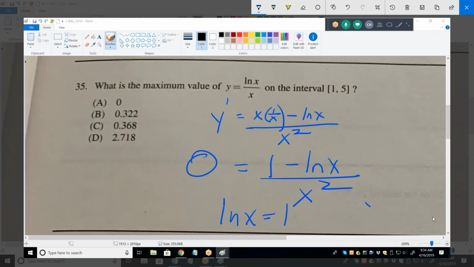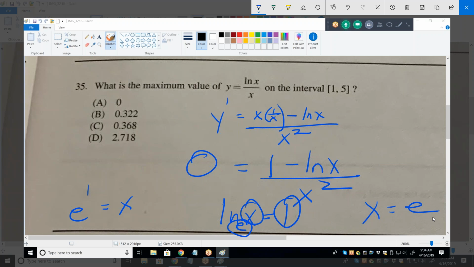Okay, so what's x? X would equal, well, you'd have to use e. That's what x is equal to. In other words, the natural log of e is 1. Okay, the other way to do it would be e to the 1 equals x. I put the e, and I take that to that power, that's equal to the argument.